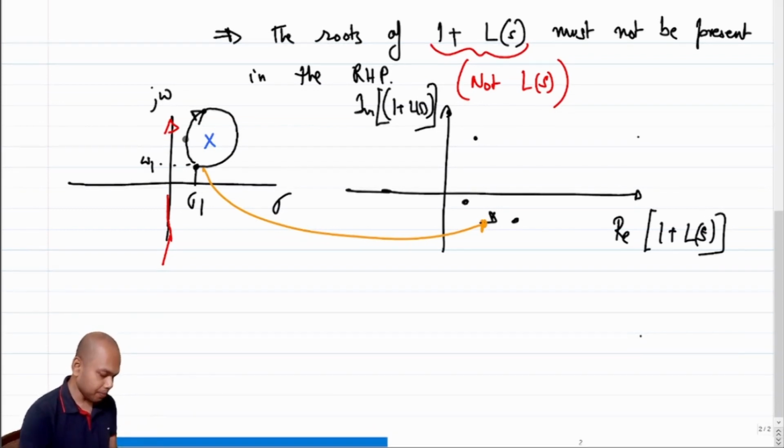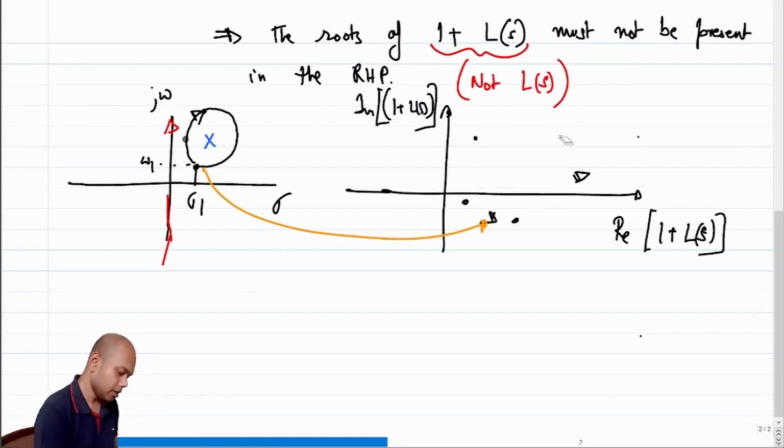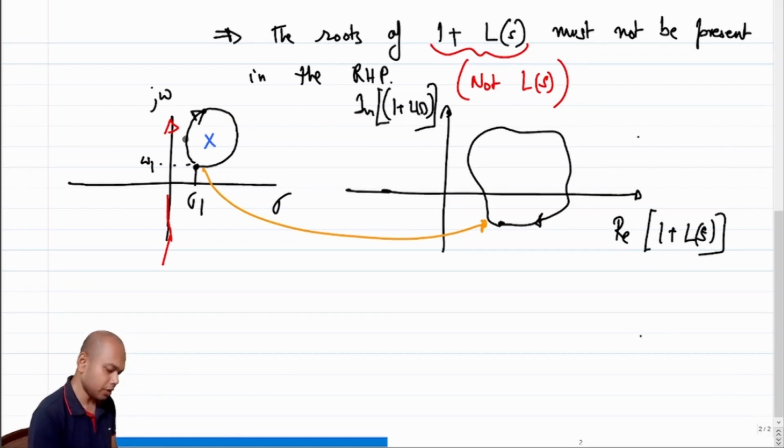I will end up coming back to the same point, by moving in some contour in the 1 plus L plane. I don't know what the contour is, but I know that it will be a closed loop.